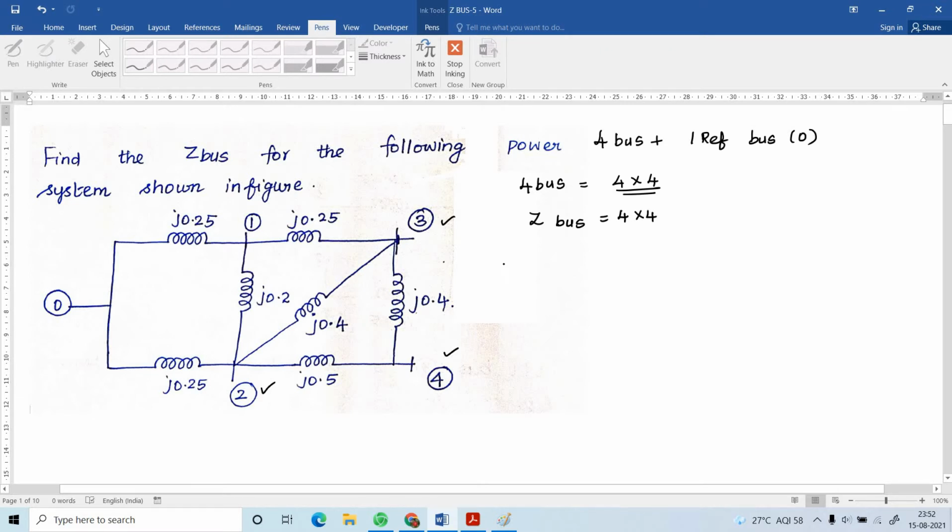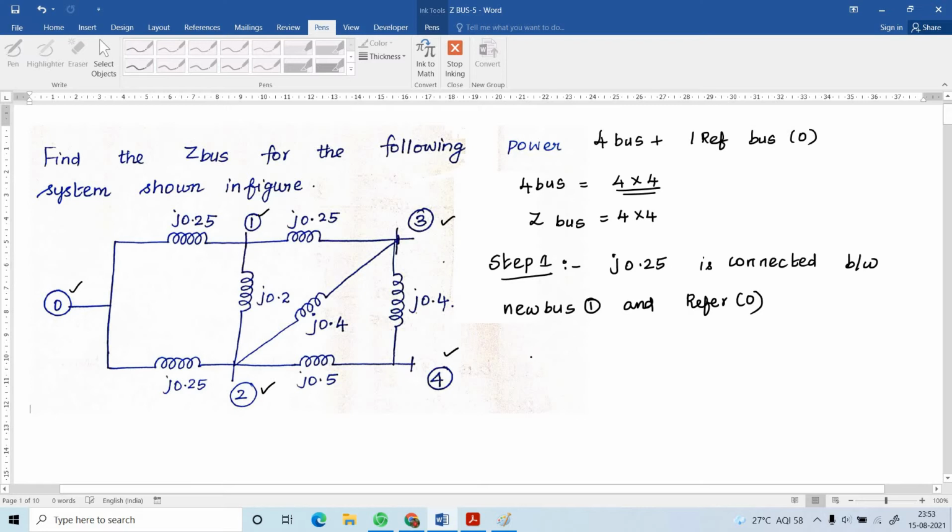Now I am going to explain all the steps one by one using the bus building algorithm. First, step number 1. In step number 1, the impedance J0.25 is connected between new bus 1 and the reference bus 0.